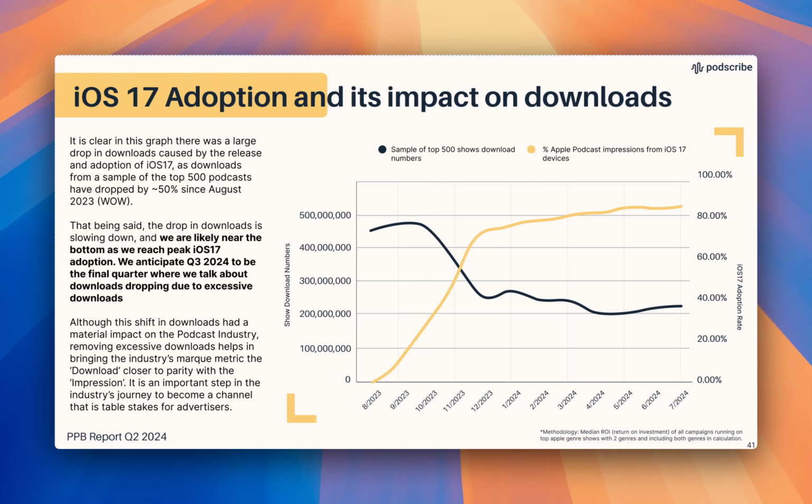You see a very steep rise in adoption in Q4 and the corresponding drop in downloads at the same time. Throughout the second quarter of this year, that drop in downloads is stabilizing, and we associate that with reaching peak adoption of iOS 17. It feels to us like we are nearing the end of that saga.